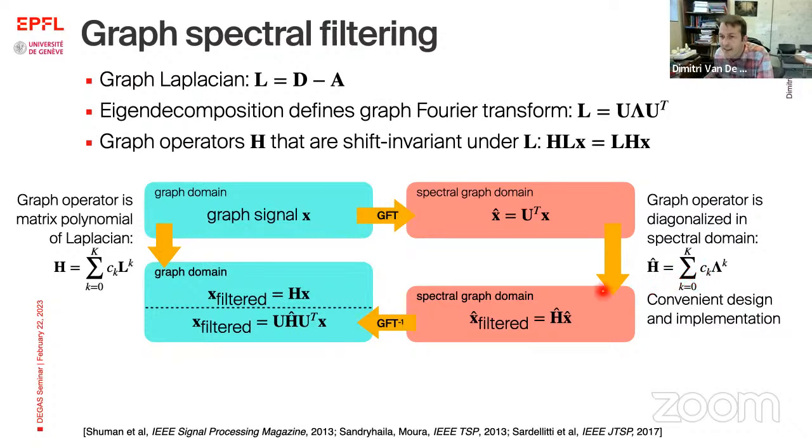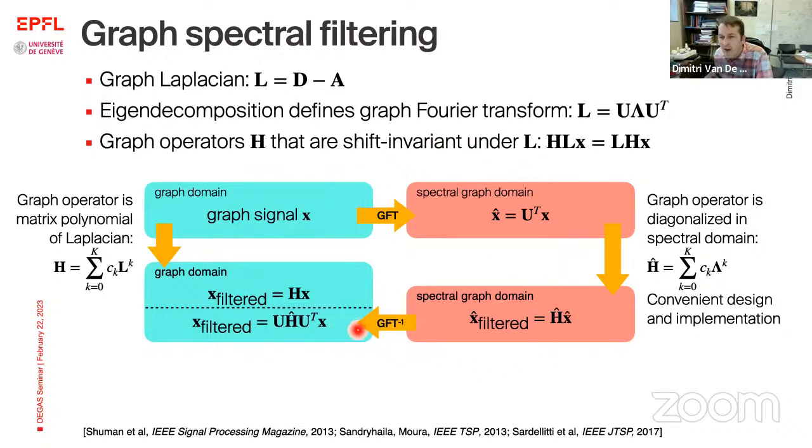And so that means that implementing the filtering in the spectral domain will revert to a coefficient-wise multiplication of our spectral representation of the graph signal. We simply have a diagonal matrix H hat, which we multiply with our Fourier vector X hat. And once we have done that, we can, of course, get back to the regular domain to have the same filtered graph signal, but this time obtained through the spectral representation.